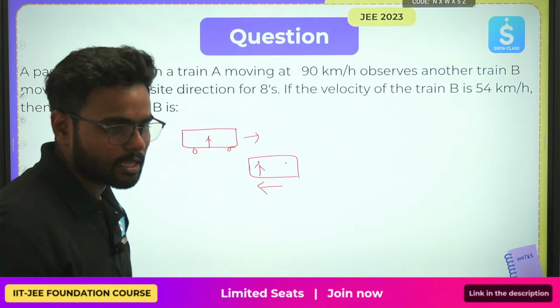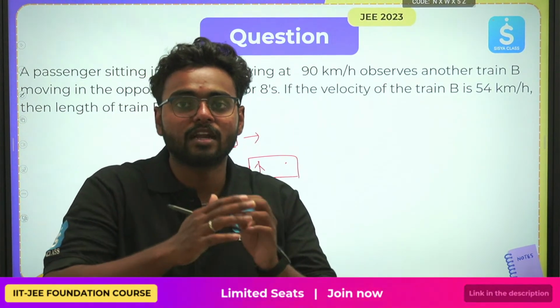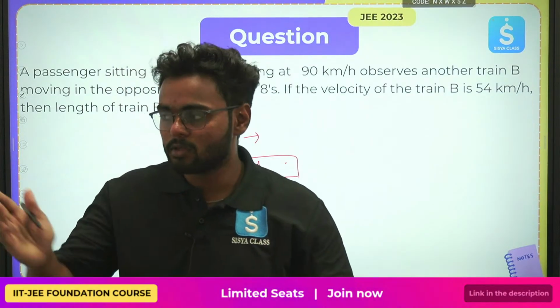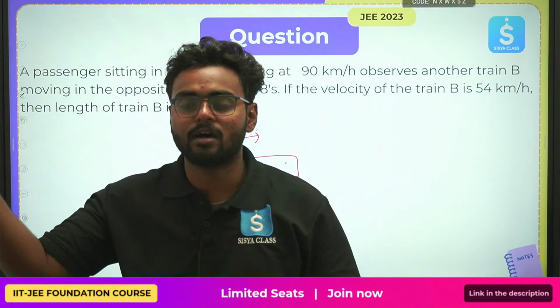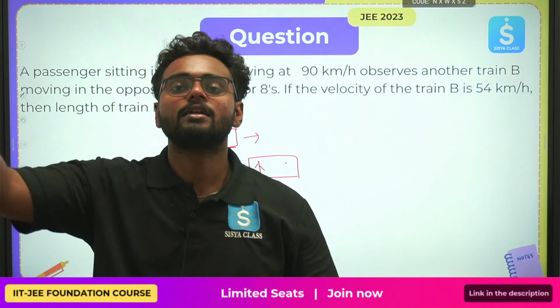So guys, the important thing to remember is he is not looking at the train after it has covered a certain distance. It's not that the train passed by, then he saw the compartment, and it took 8 seconds from then till covering the train.